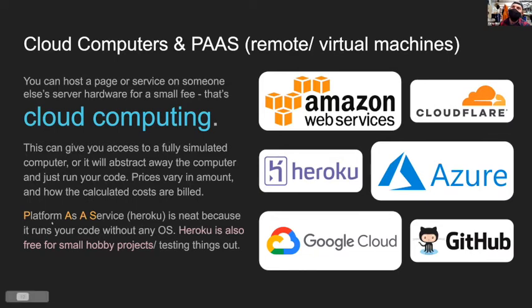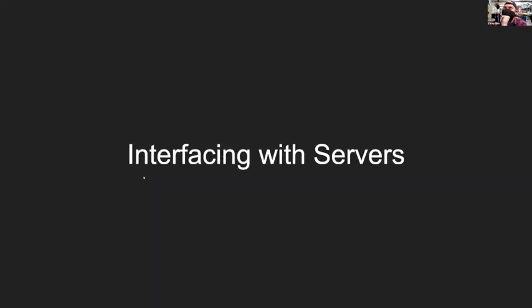But platform as a service is a neat way to get a website up and running, and Heroku totally has a free tier, and I think Cloudflare does as well, and GitHub. If you wanted to make a website, and yeah, Amazon and bookstore, it feels like such a distant memory. There's all sorts of things that have changed about the internet over our time together.